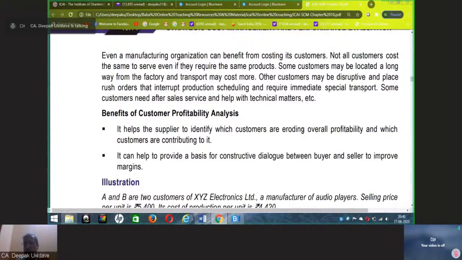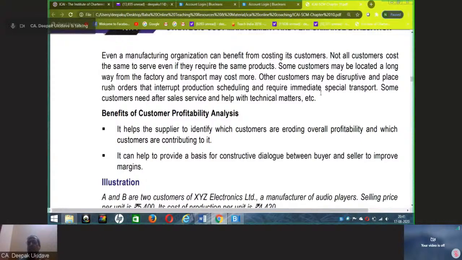So if some customers are eroding the overall profitability, then probably a different decision the management will have to take. Which customers are contributing to the profitability? So such kind of analysis is customer profitability analysis, and it also provides a basis for constructive dialogue between the buyer and the seller to improve the margins. See, again, we are talking about a win-win situation.